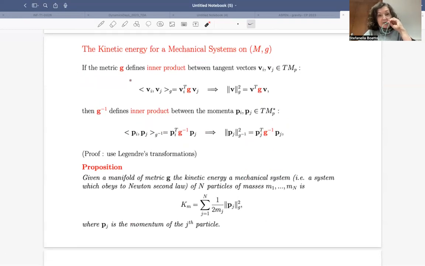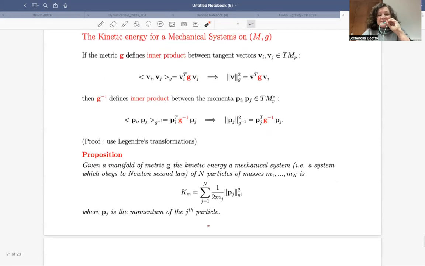There is a metric defined on the tangent space as an inner product for tangent vectors. And since we need an inner product for the momentum in the cotangent space, this is given for free by the inverse of the metric. And so we have our kinetic energy for our Hamiltonian formulation already well defined. Okay, thank you. So this is just the first part.